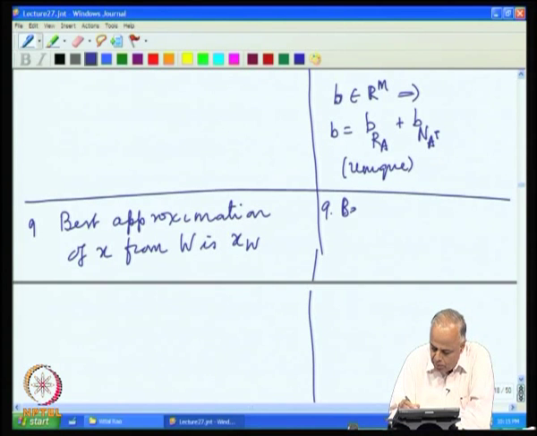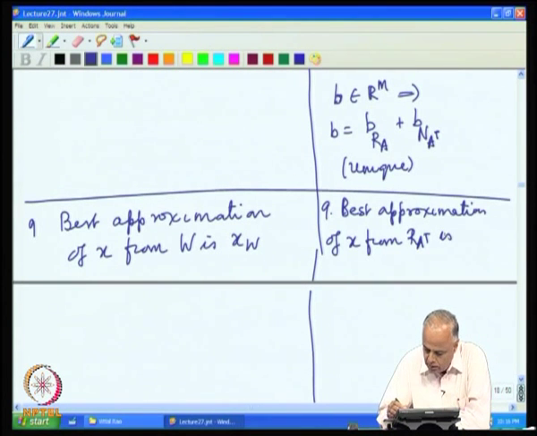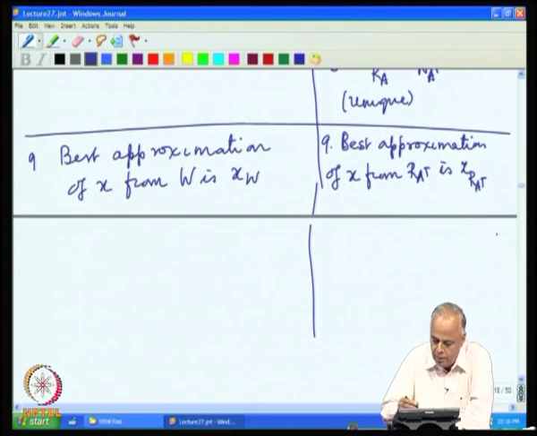So, the best approximation of x from R(A transpose) is the projection of x to R(A transpose).